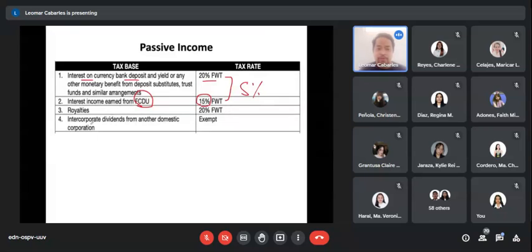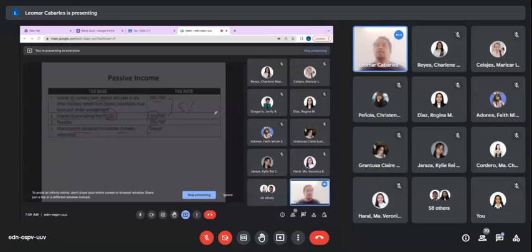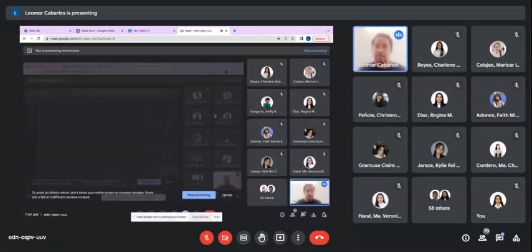Now, intercorporate dividends from another domestic corporation is exempt. Okay? So for example, si Jollibee, meron siyang investment kay, let's say meron siyang investment kay SM, no?